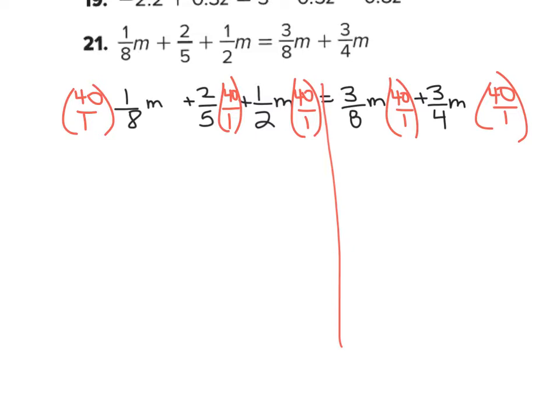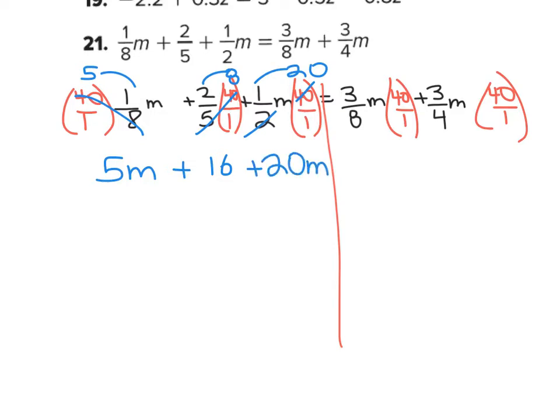Okay, notice how I have to do this to each term to keep my equation balanced. Now I'm going to cancel out. This is the fun part. 40 divided by 8 is 5. So I'm left with 5 times 1, or 5m. Then I've got, again, 40 divided by 5 is 8. 8 times 2, or 2 times 8 is 16, so plus 16. 40 divided by 2 is 20, so I'm left with 1 times 20, and then my m.